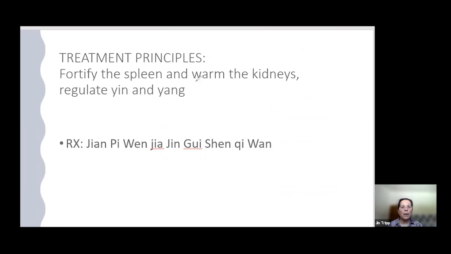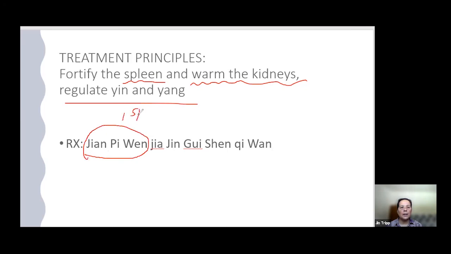So for the treatment principle, certainly we need warming. Warming kidney and spleen yang. And we regulate yin and yang, bring it back to balance. We use 2 formulas for this condition. 健脾丸, that's one formula, mainly working for the spleen.